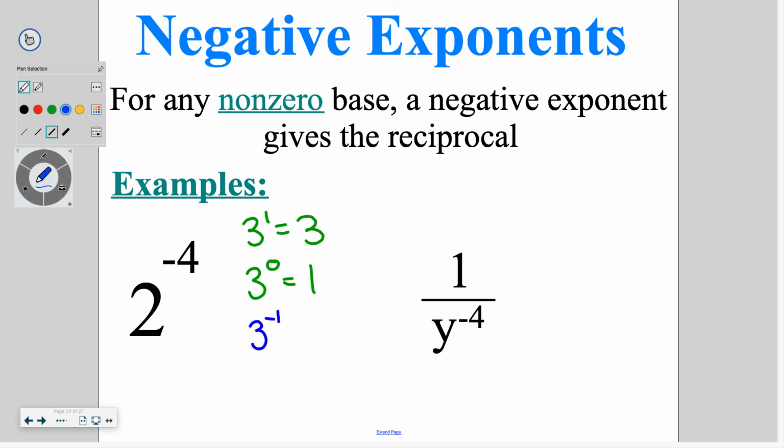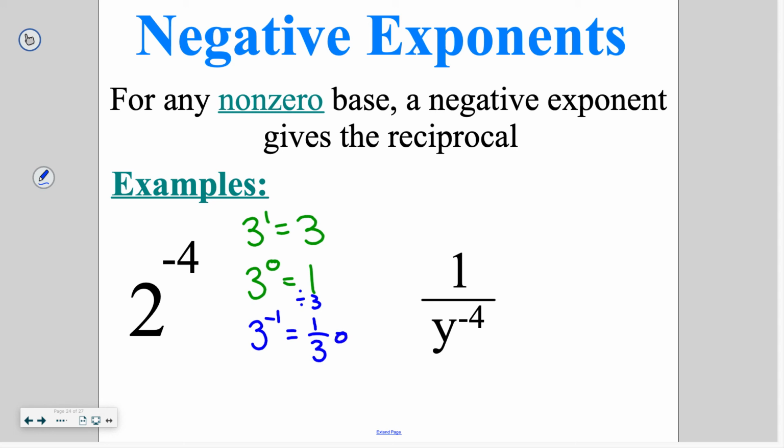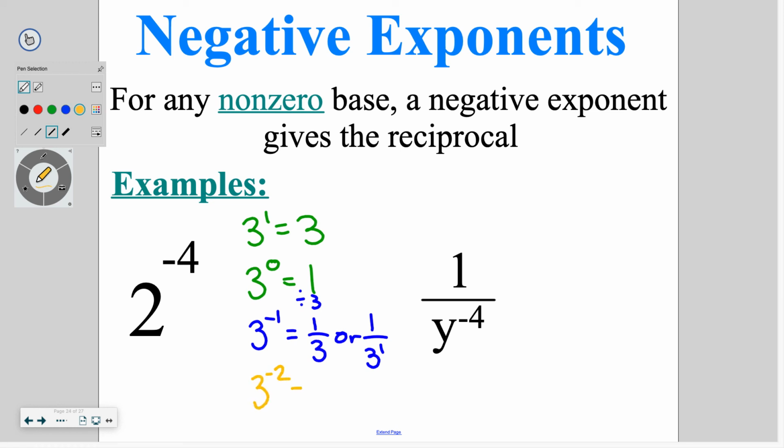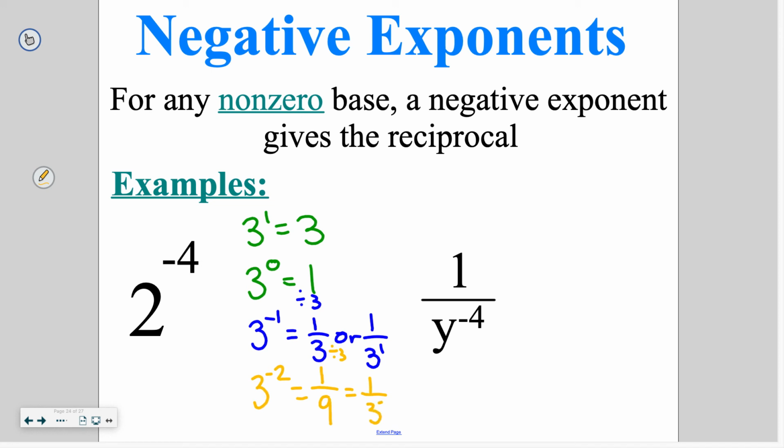The pattern still has to hold, so we're dividing by 3, so I end up with 1/3, or 1 over 3 to the 1st. If I would go down to 3 to the negative 2nd, that would give me 1 over 9 after I divide by 3, or 1 over 3 to the 2nd.